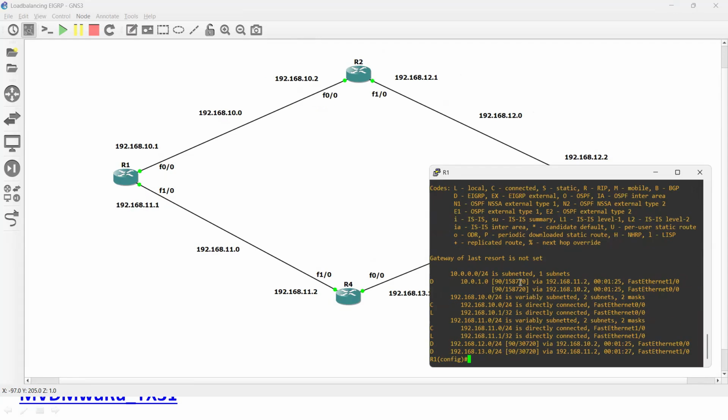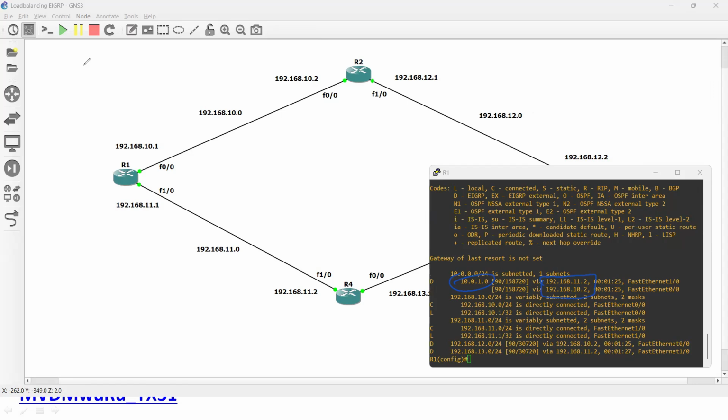Here we can see that to reach the network 10.0.1.0, we have two different pathways: 192.168.11.2 and 192.168.10.2.